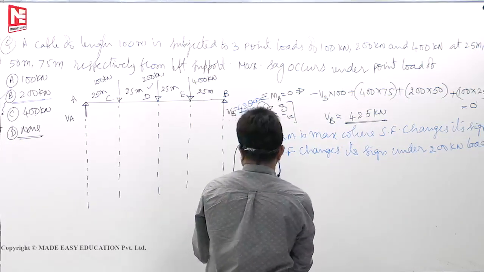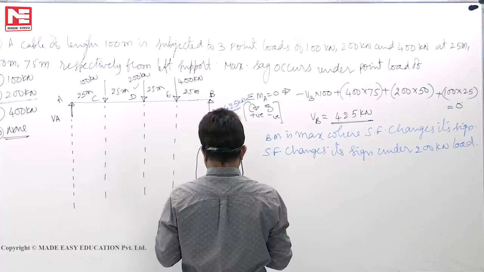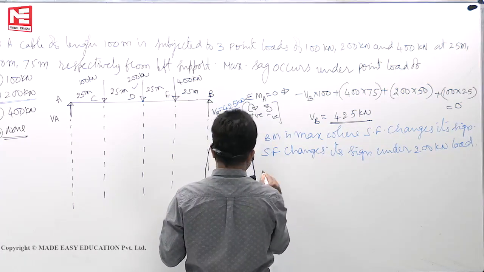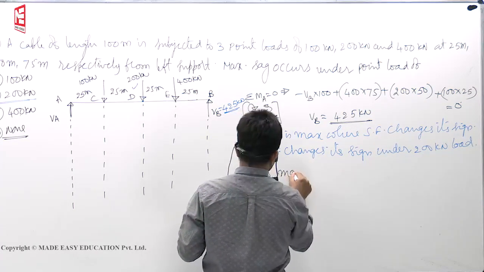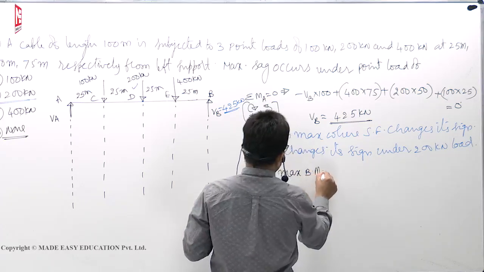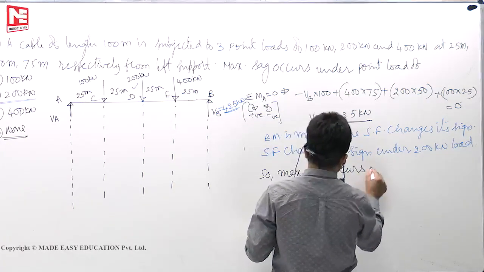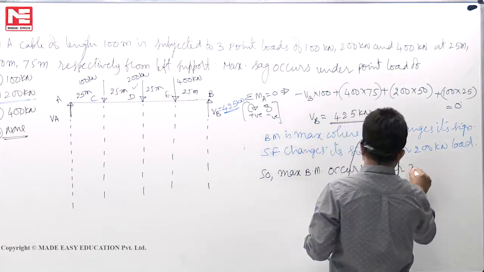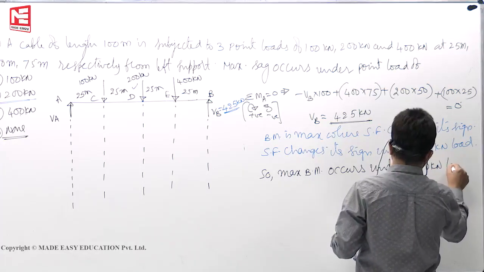So, maximum sagging bending moment, maximum bending moment occurs under 200 kilonewton load.